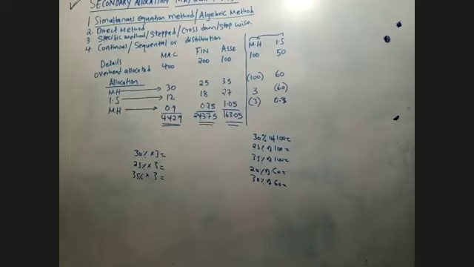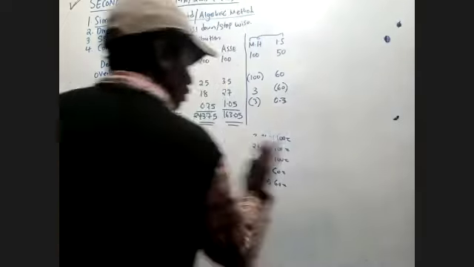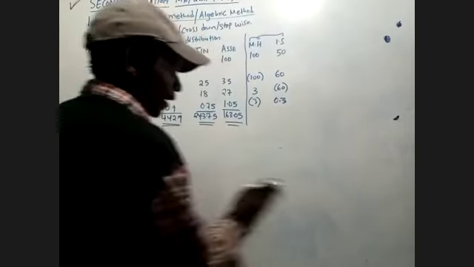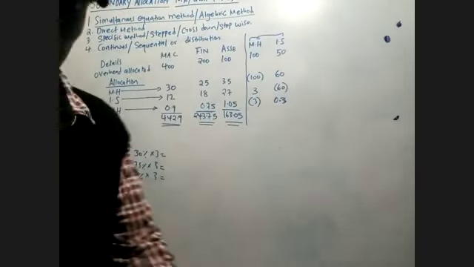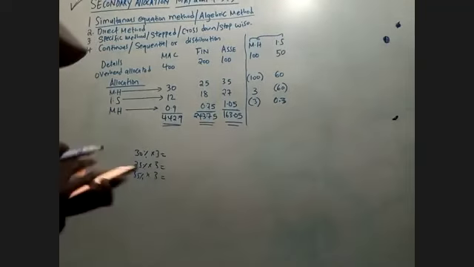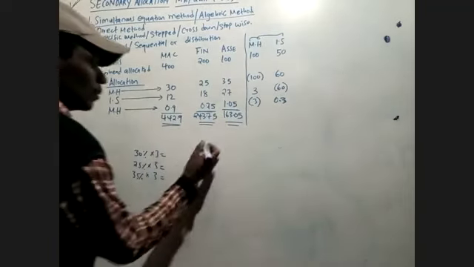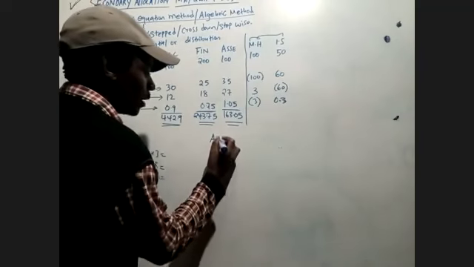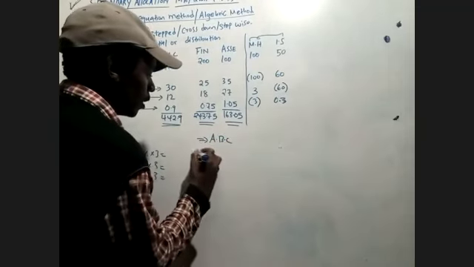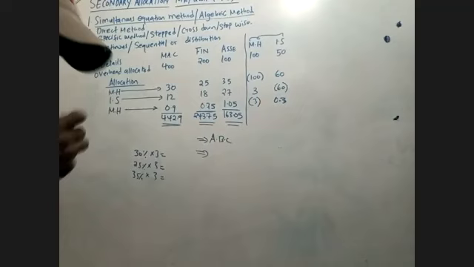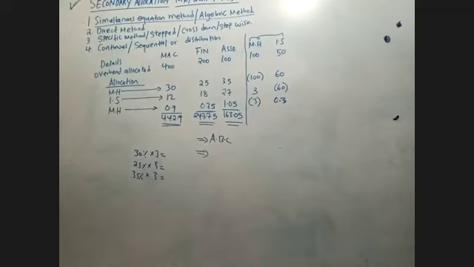Now, go and check this one. Hapo mtaniambia kuna this particular question I want you to check. One of them is ABC. Do you know how to do ABC? ABC, activity based costing.